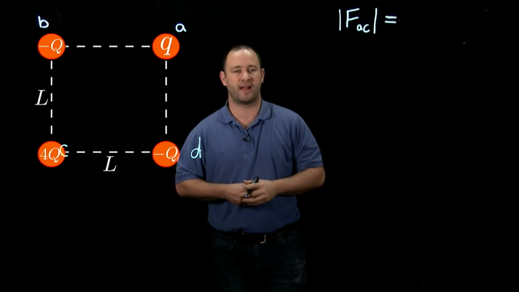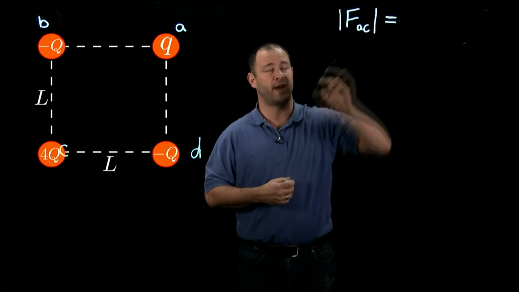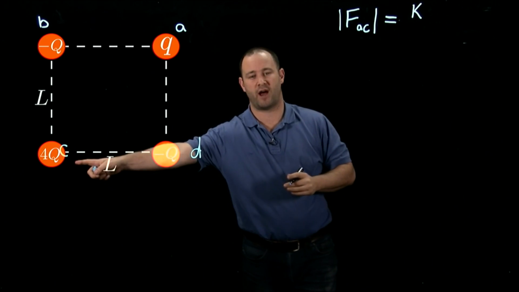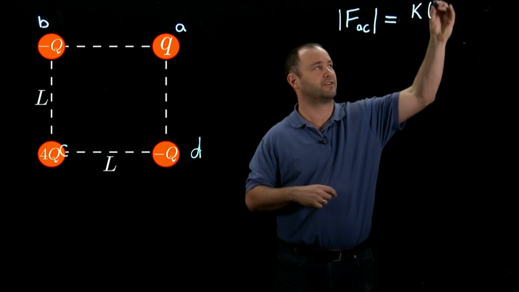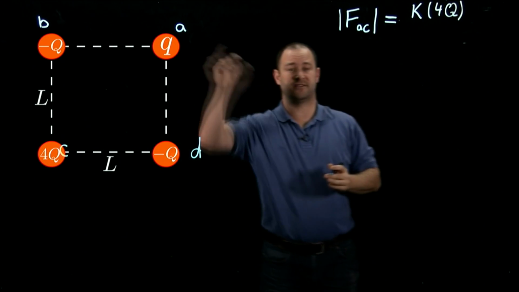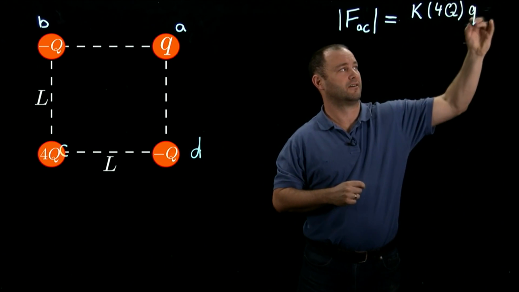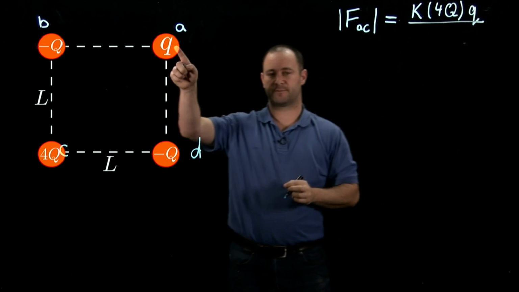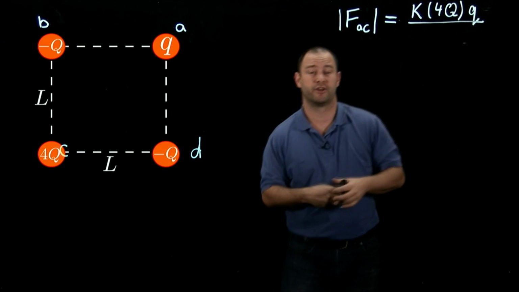So the magnitude of the force on A from C is just equal to K multiplied by the size of this charge, which is 4Q, multiplied by the size of this charge, which is little q, all divided by the distance between this charge and this charge squared.